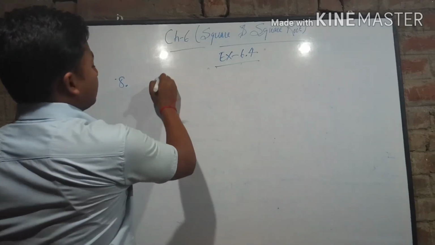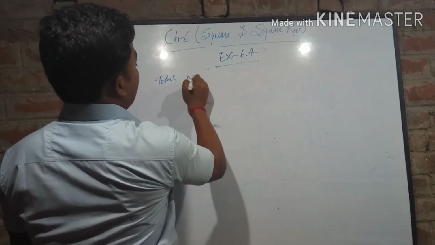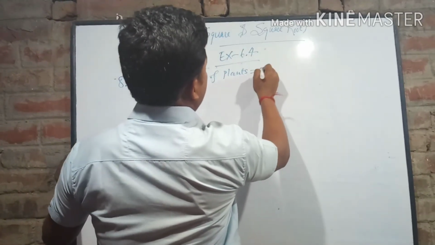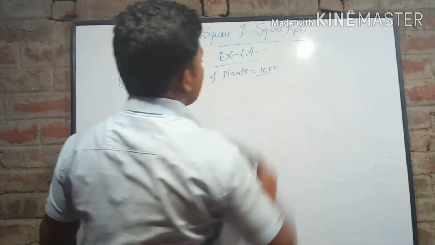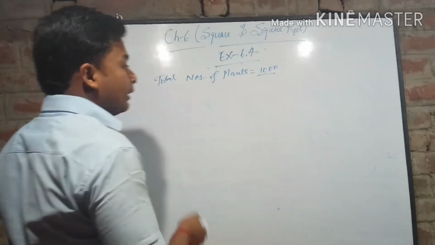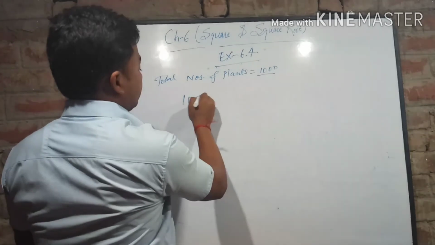Given in the question is the total number of plants. It is 1000. So we will find out whether it is a perfect square or not. If it is not, then how much it is off.